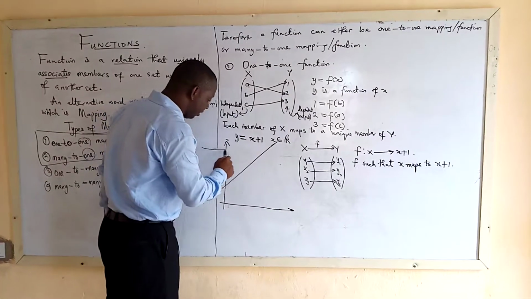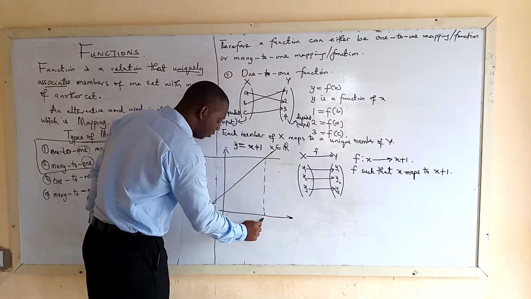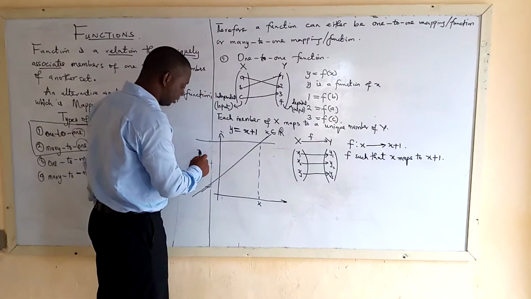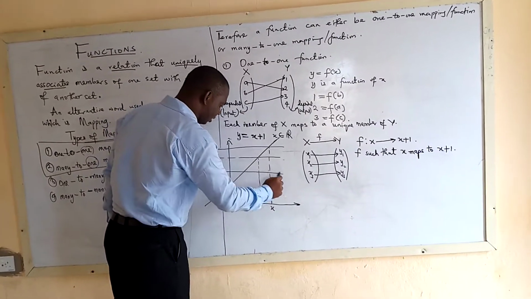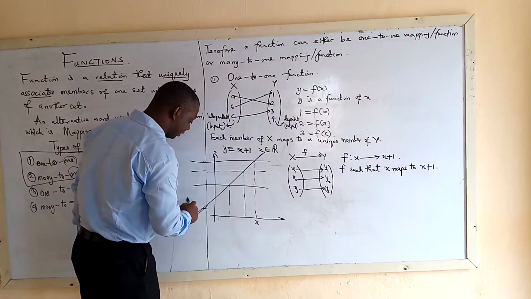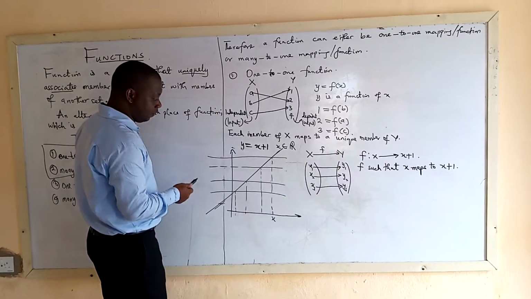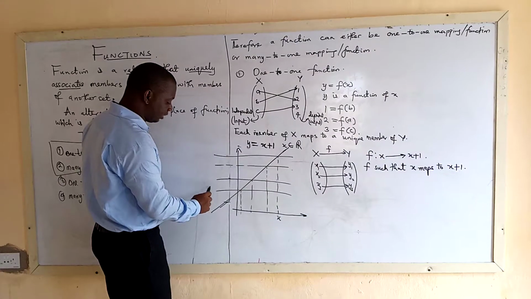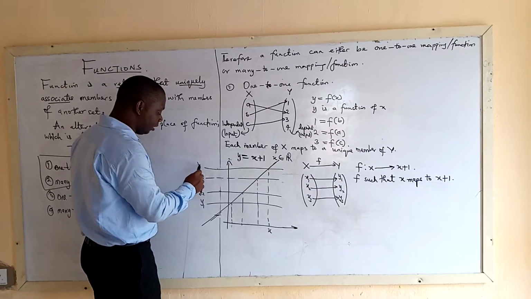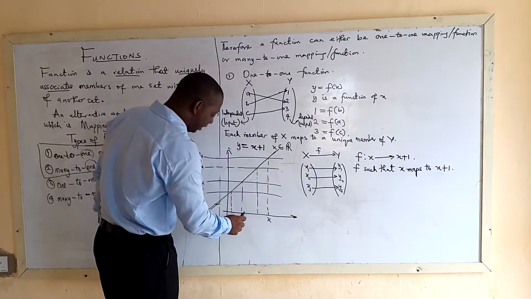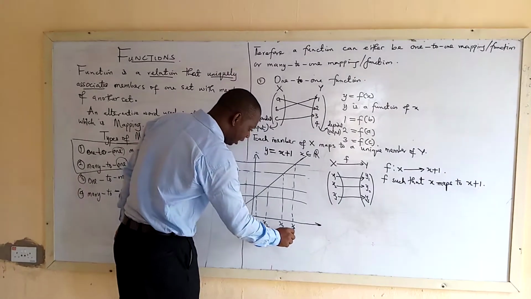Like this now, if I cross this, it will have one element, it will map to one X. If I cross this, another X. If I cross this, another X. If I cross this, another X. So, I can put this one as Y1, Y2, Y3, Y4, and here is X1, X2, X3, X4.